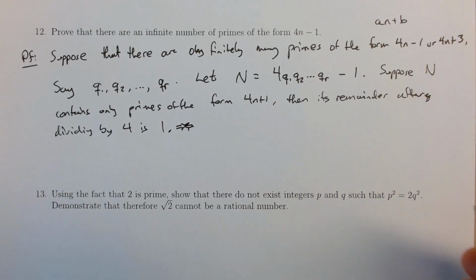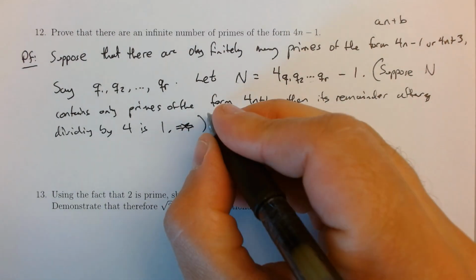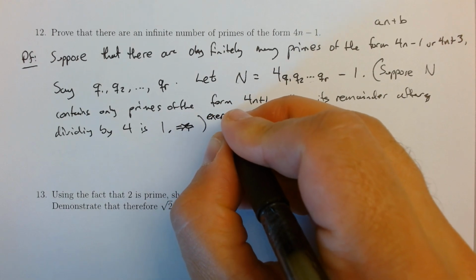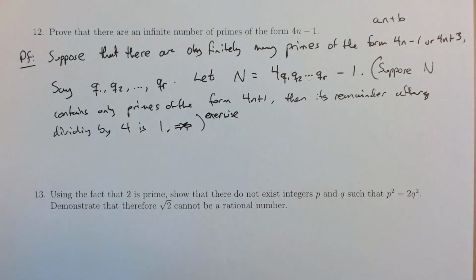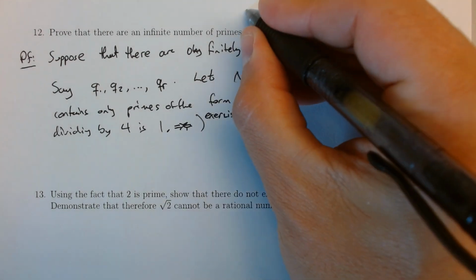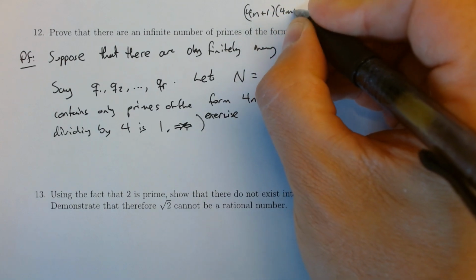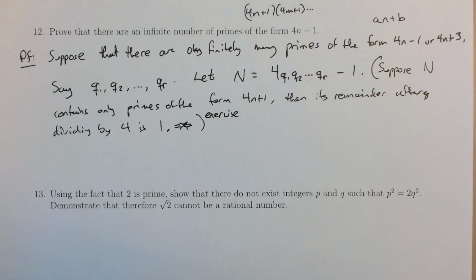So I'll just put this whole thing in parentheses and leave that as a little exercise for you to show that if you have a bunch of things of the form 4n plus 1, 4m plus 1, and so on, when you multiply it out, its remainder will be a 1.